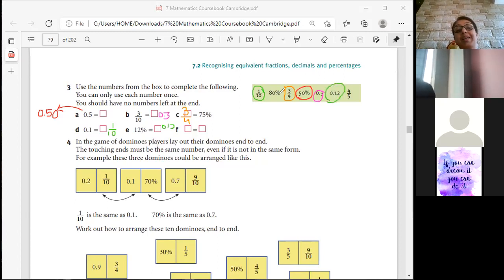Now tell me, can I write 4 upon 5 as 80%? Yes, I can definitely write 4 upon 5 as 80%, because if I write 80 upon 100, I still get 4 upon 5. 80% means 80 upon 100.